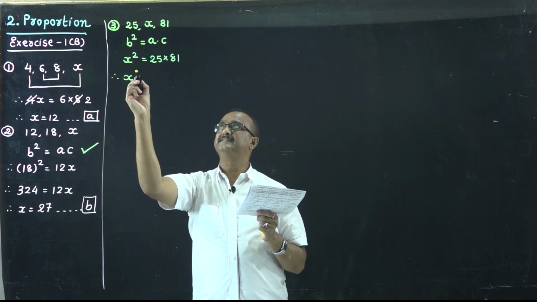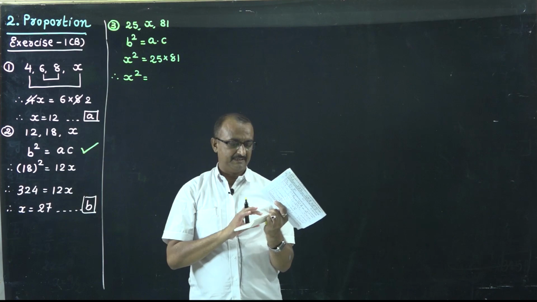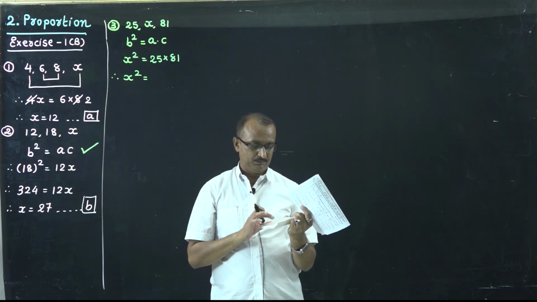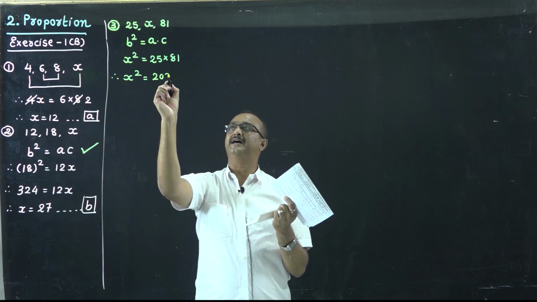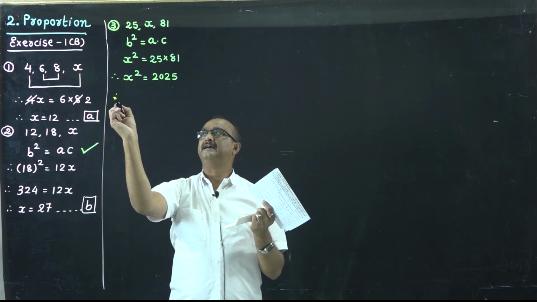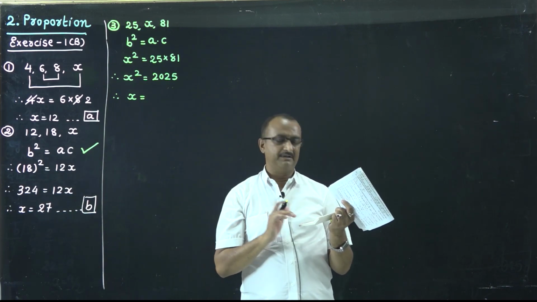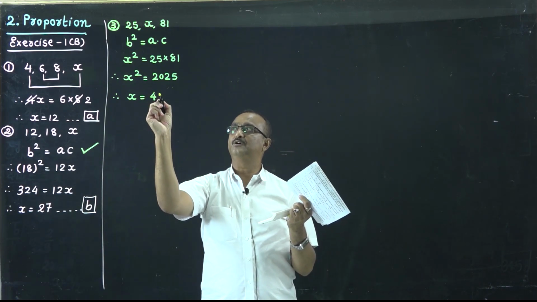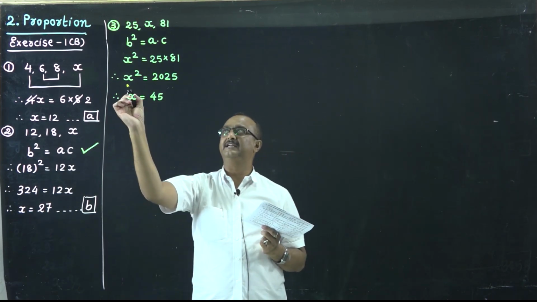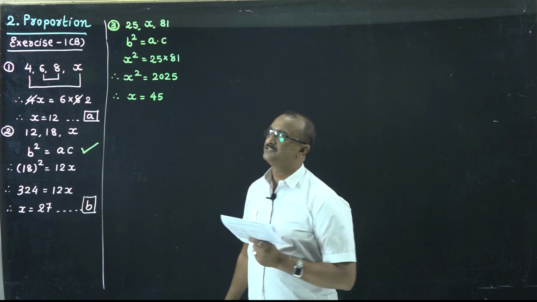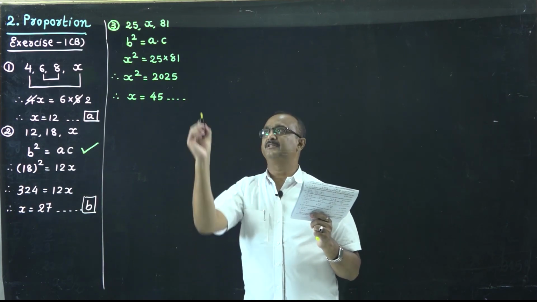Therefore x square is equal to 2025, and x is the square root of 2025. Taking the square root on both sides, x equals what will the answer be? 45, and it is given in option C.